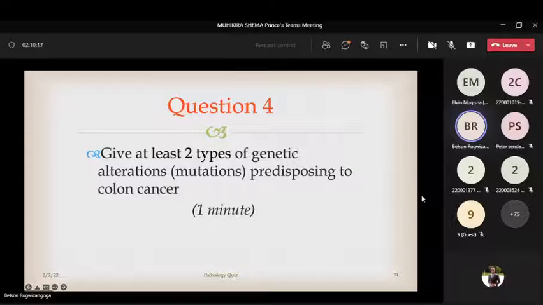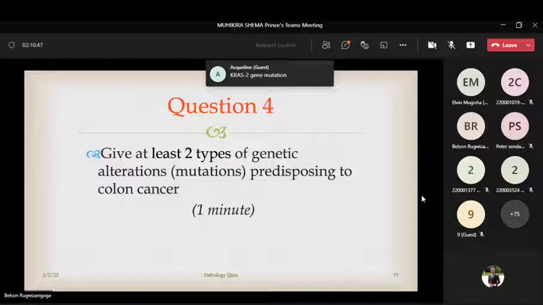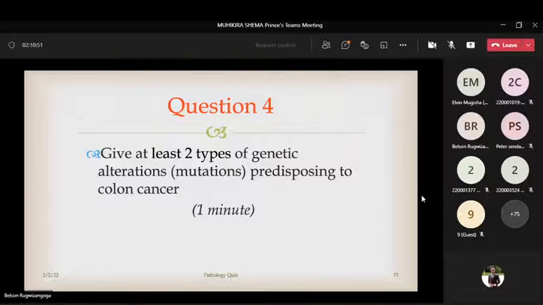Okay, another question. Give at least two types of genetic alterations or mutations predisposing to colon cancer. KRAS gene mutation.